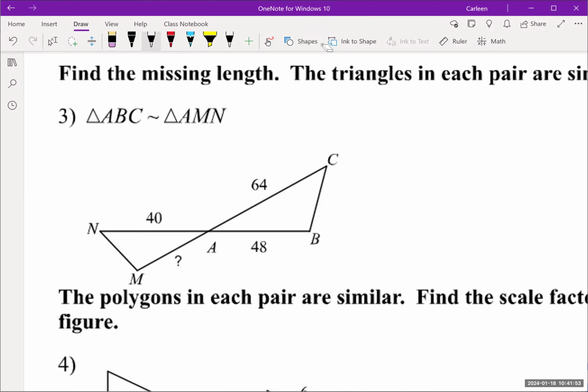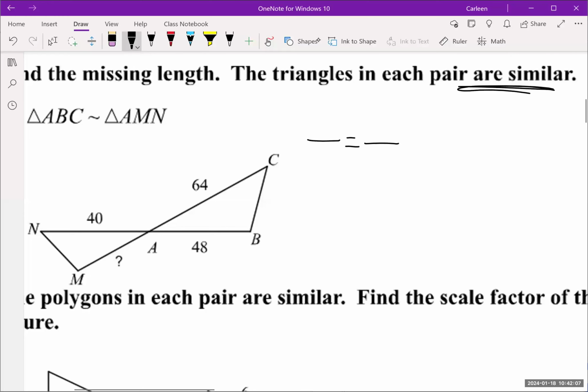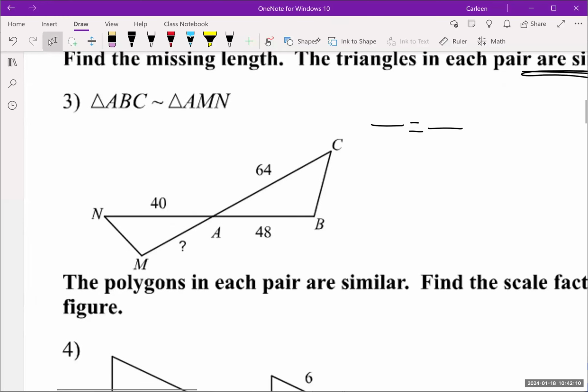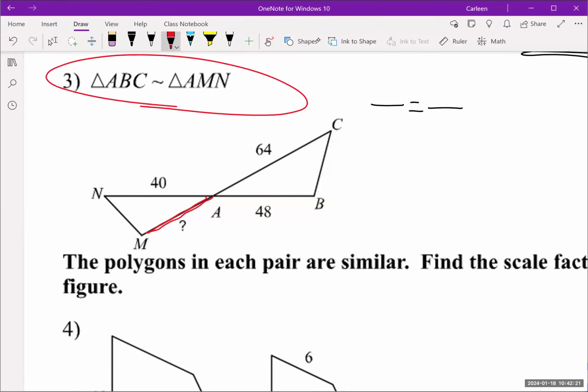Okay, so we need to write a proportion. Okay, because the triangles are similar. Yeah, which means the sides are in proportion. Okay, so AM. Now, this time, because we're given the similarity statement, we are not just going by how it looks.